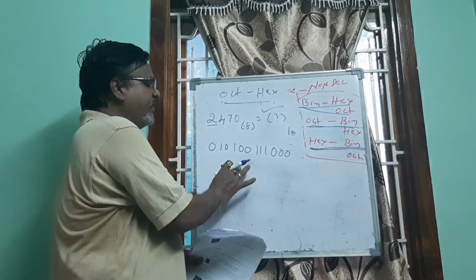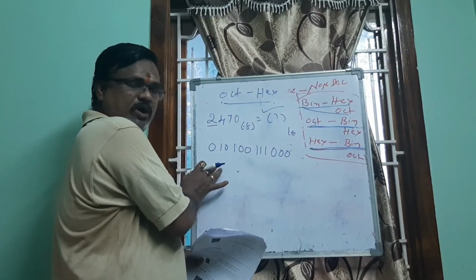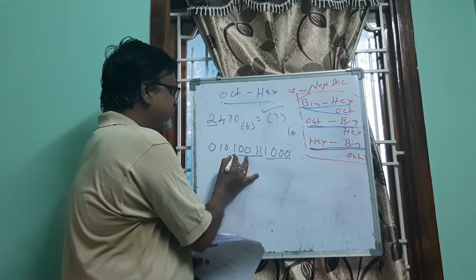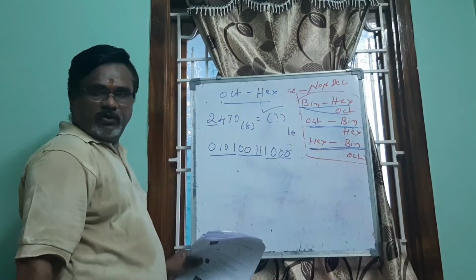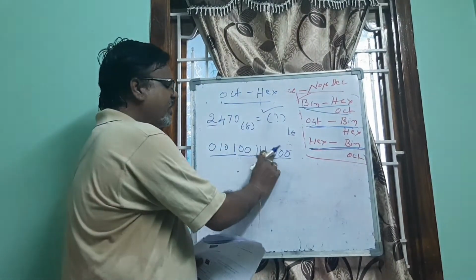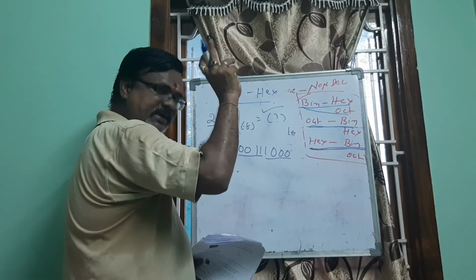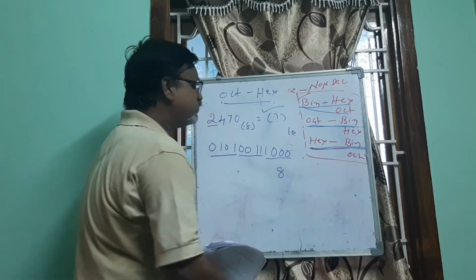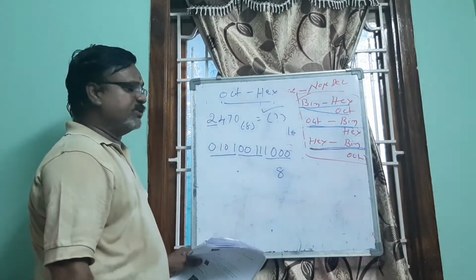So after you write this, whatever numbers you got here, you group them into 4 bits. And what is 1000 in the binary hexadecimal table? I think it is 8.